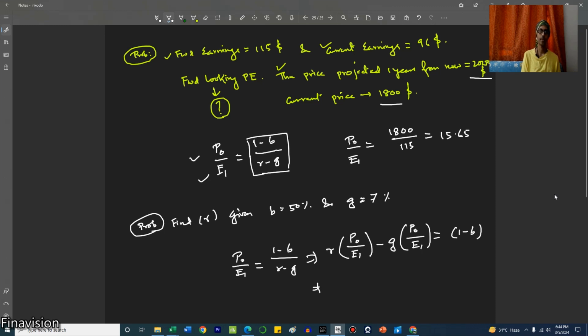From here we can easily imply R is equal to E1 by P0, or the inverse of forward looking PE, into 1 minus b plus G. We just inverted it. We put G into P0 by E1 this side and divided the entire expression by P0 by E1, which was attached to R. This is the expression that we get.